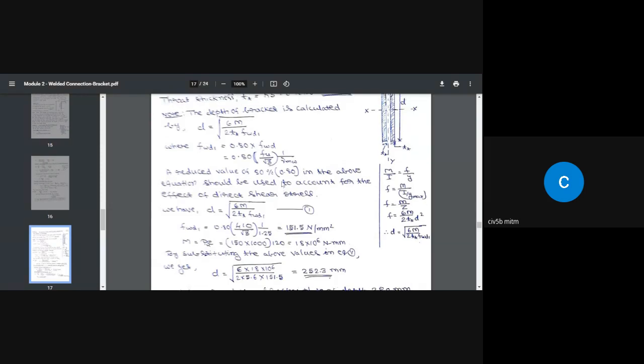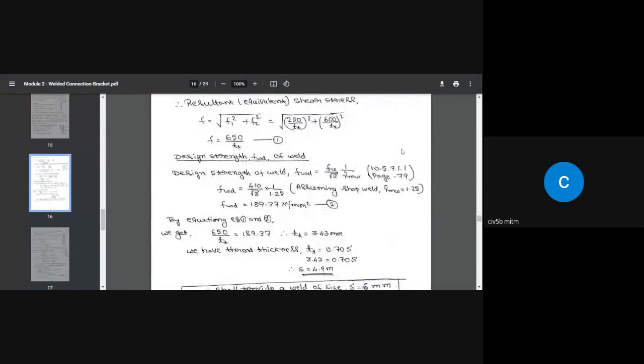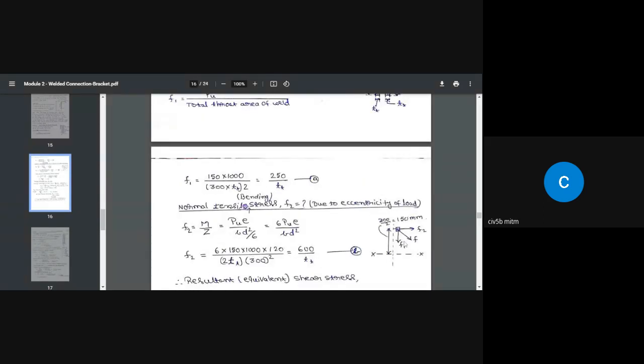Why do we do that? Because the extreme weld is going to be subjected to direct shear and a tensile force. Look here. When we are determining the depth of the weld, we are determining based on only this F2 value, but we are not considering this, which also contributes to the stress.